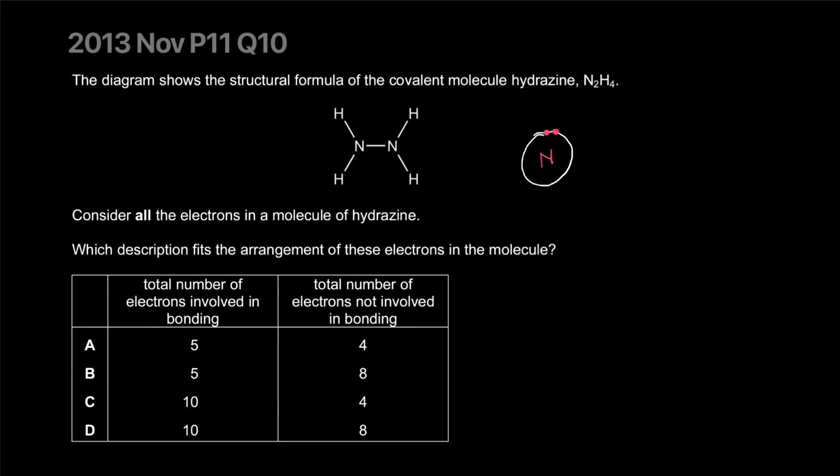That's 2 electrons in its inner shell, and then you have 5 electrons because it's in group 5. 1, 2, 3, 4, 5. Nitrogen, when it pairs with 3 electrons, and the other 2 electrons in its outer shell are not bonded, because by sharing 3 electrons it can have an outer octet fulfillment.